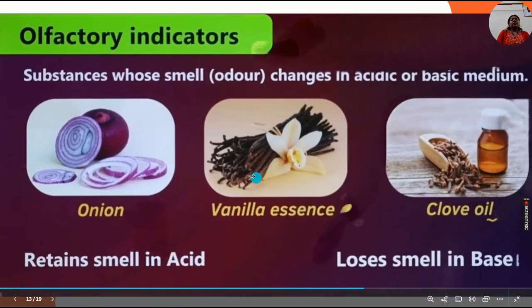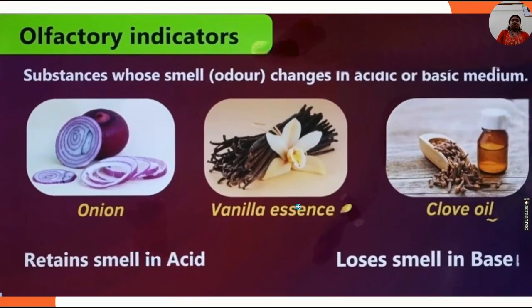If someone is blind and not able to see the color, then how will they distinguish between acid and base? From odor or smell we can distinguish acid and base, and they are called olfactory indicators.